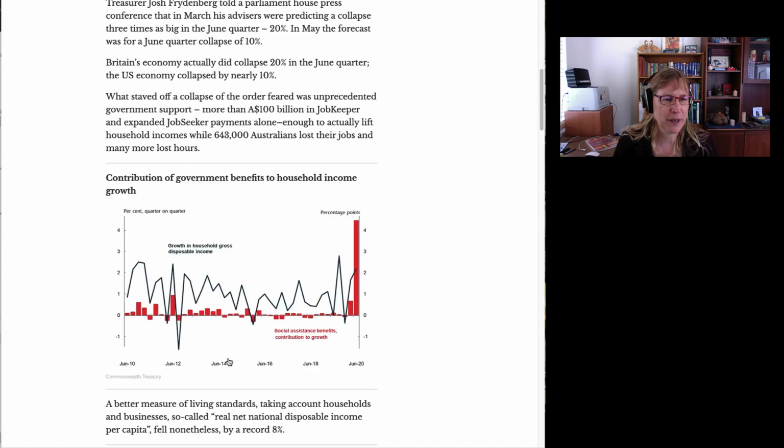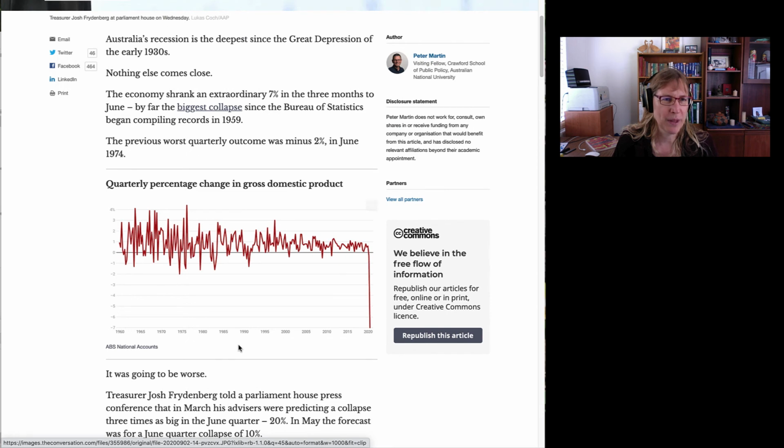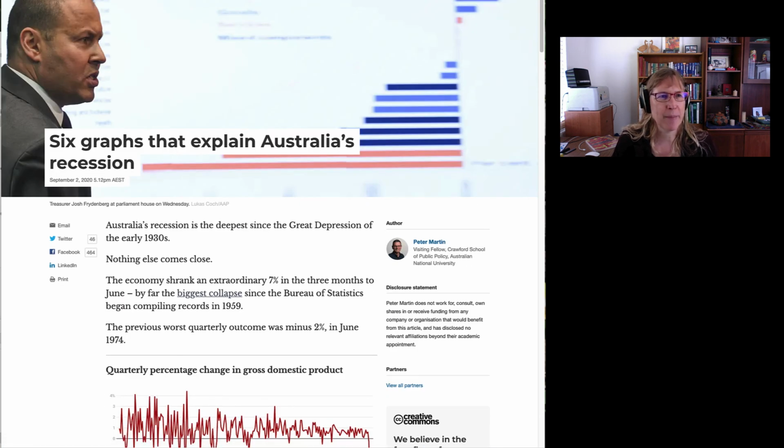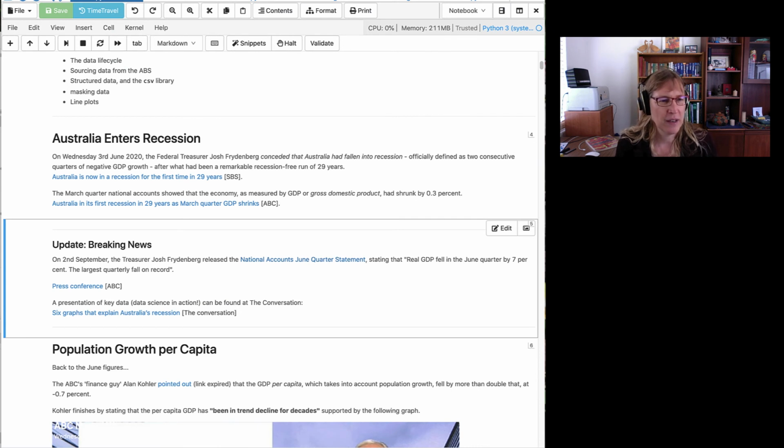But there are a number of other graphs there about explaining about household income growth, what people are doing with their money, more saving, less spending, and so forth. So that's just an example that you can have a look at as an example of data science in action.